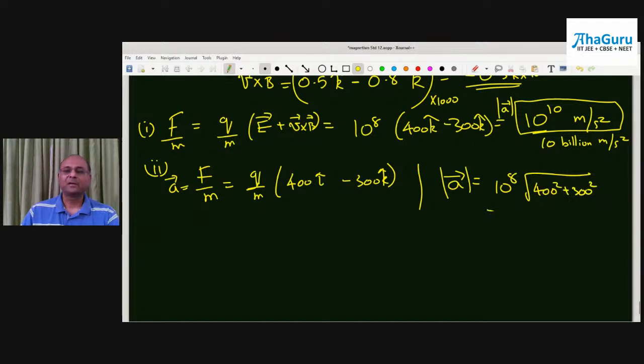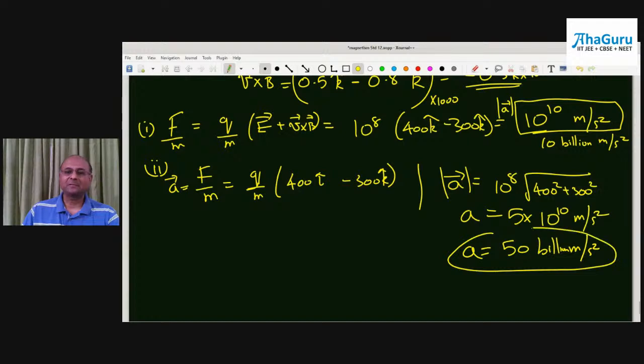So 5 into 10 to the power of, wait a minute, I think I might have made a mistake here, right? No, this is 100, whereas this is 500. 5 into 10 to the power of 10 meters per second square. So acceleration magnitude is 50 billion meters per second square. Massive accelerations, both of these.